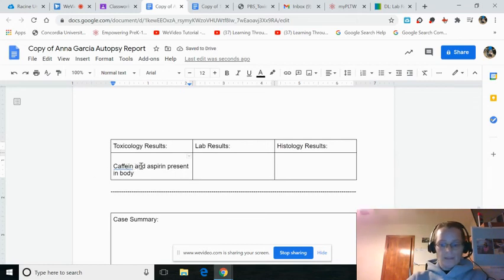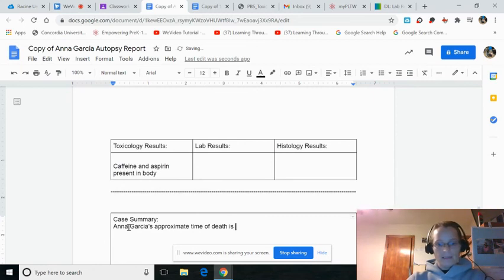Caffeine with an E. And remember, case summary so far we have Anna Garcia's approximate time of death is at 10 p.m. the night before she was found. That's all we have so far. So you have this updated. All right.